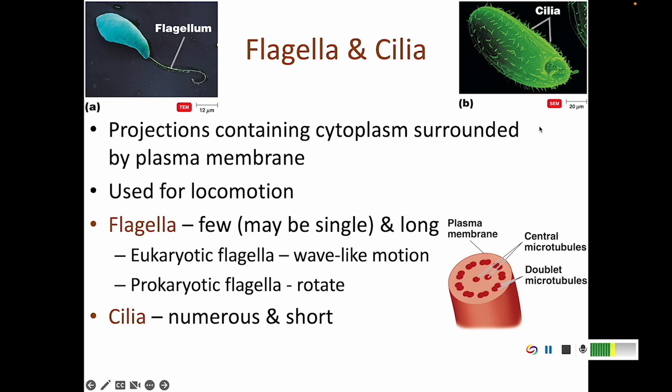In eukaryotes, flagella and cilia tend to be projections of the cell membrane and contain cytoplasm. Although they're still used for locomotion, they may have one or a few flagella. Cilia are going to be more numerous and shorter. And as opposed to prokaryotic flagella, which rotate in a circular motion, eukaryotic flagella are going to move more in a wave.